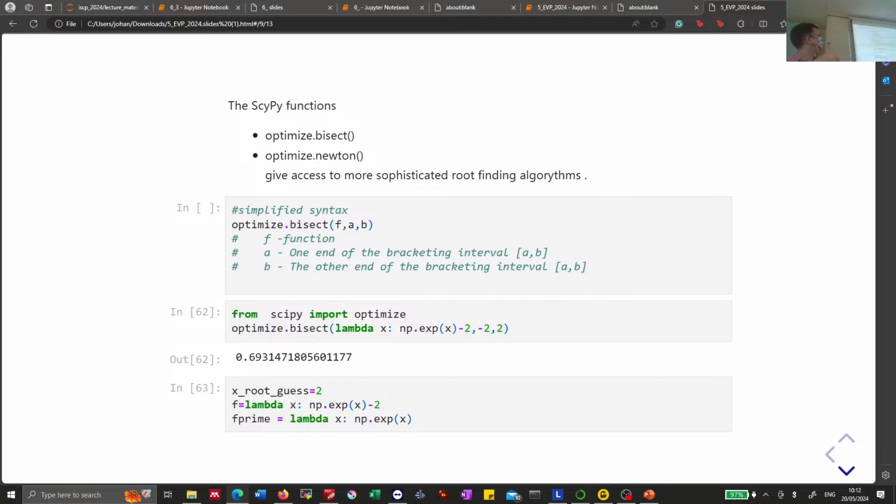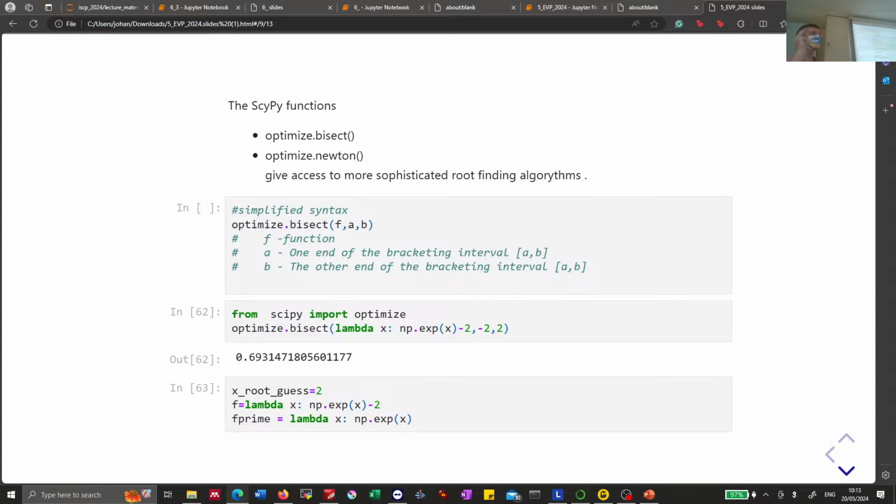So of course we need to first import SciPy, and the bisection method as well as the Newton method are part of a submodule that is optimize. When we have loaded this, we can call the bisection method as optimize.bisect. Now the simplified syntax is given here in the middle of the slide.